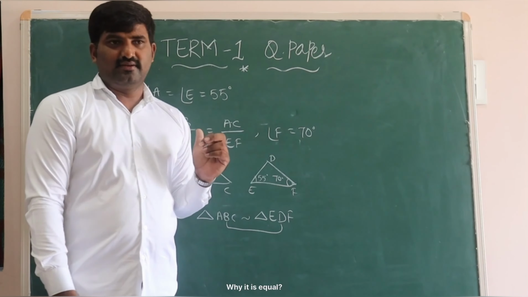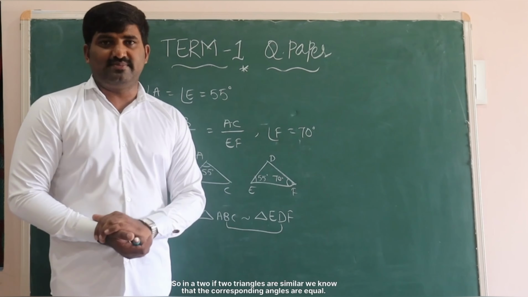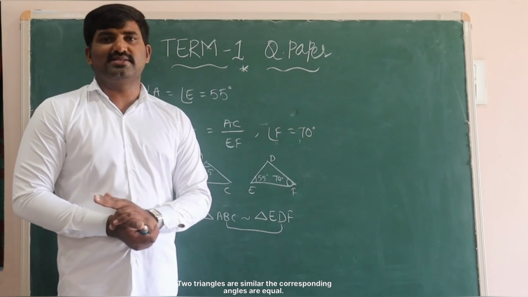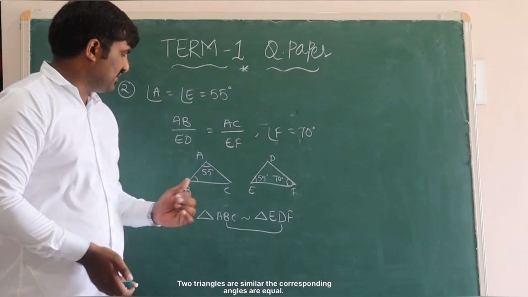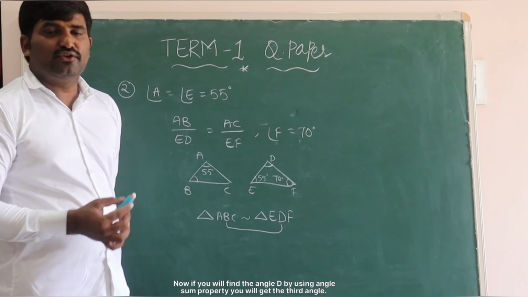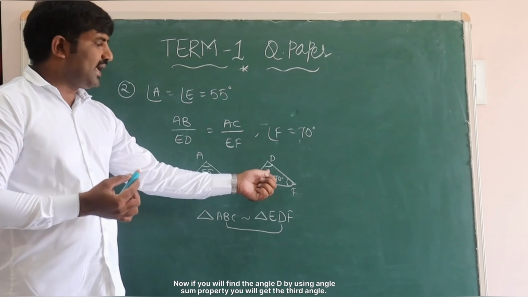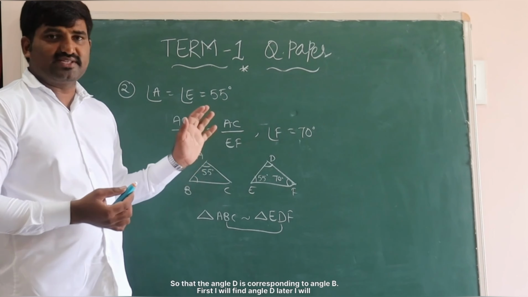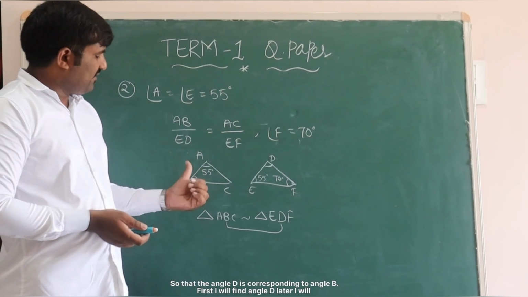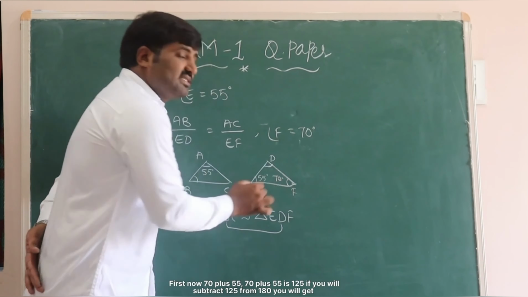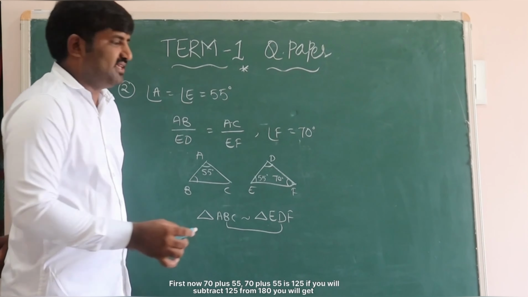Why is it equal? If two triangles are similar, we know that their corresponding angles are equal. Now, if you find angle D by using the angle sum property, you will get the third angle, so that angle D is corresponding to angle B. First I will find angle D, later I will write the value of B. 70 plus 55 is 125.